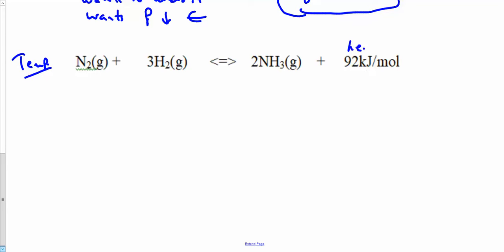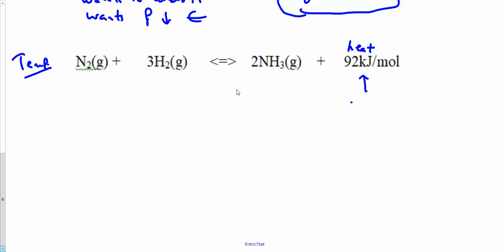If I add heat in, just like concentration, the heat on this side would go up if temperature goes up. This equilibrium does not like that, and it will move to use this up. It will shift left, and that is not what I want.